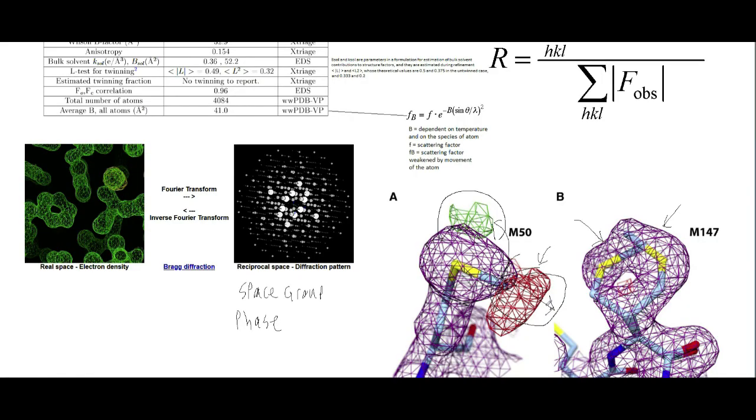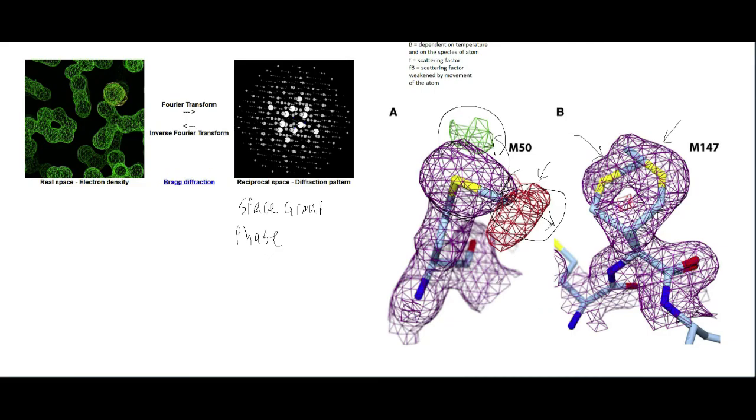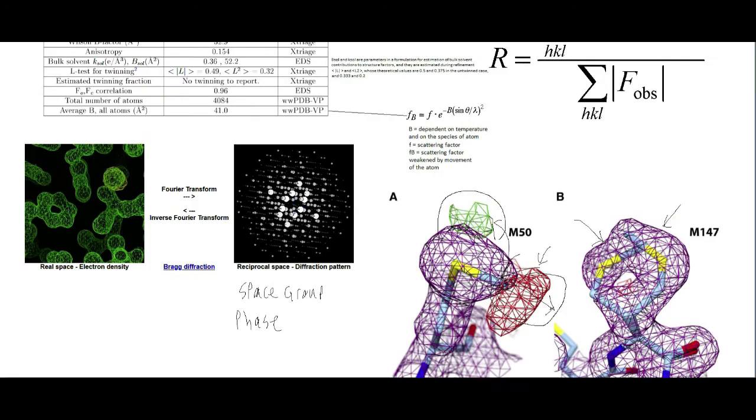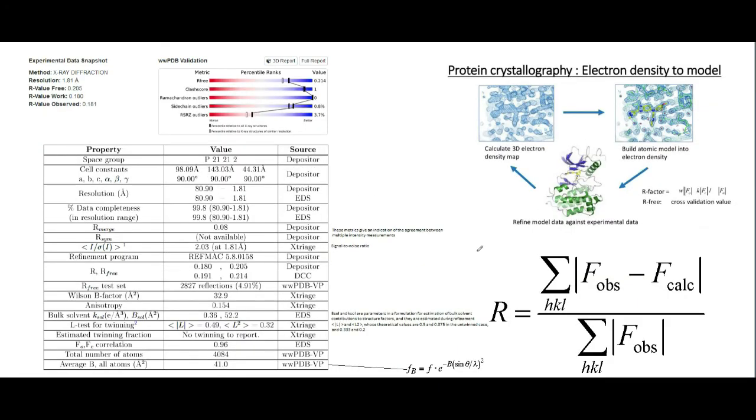And so from here, once we have the electron density, we want to start doing our modeling, which, as I talked about before, was that sort of circular path of doing real space refinements and then comparing that to our data.